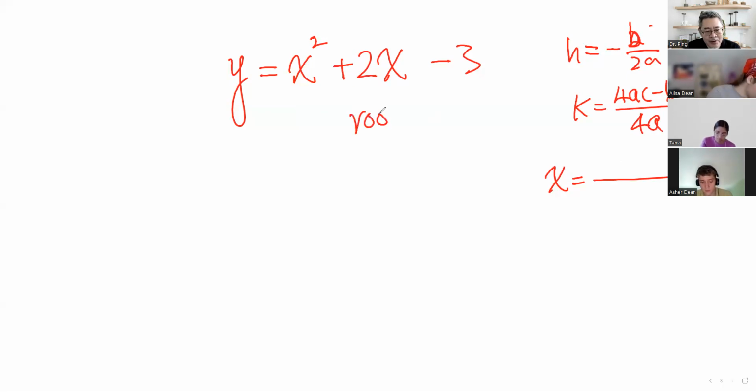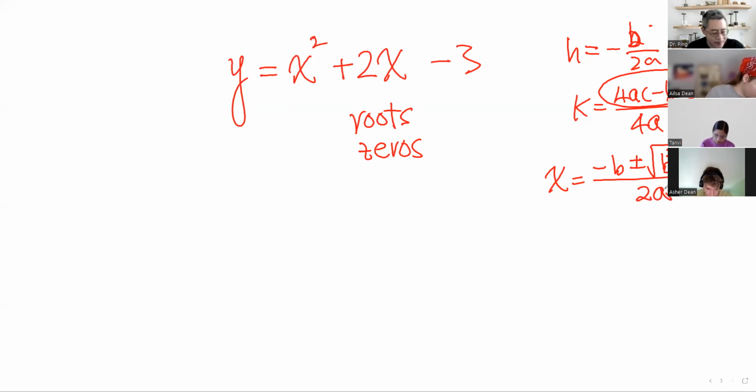Sometimes it's called the zeros of the function, meaning the same thing. And you can see that the quadratic formula is minus b plus or minus the square root of b squared minus 4ac, over 2a. Okay, let's see what you got.